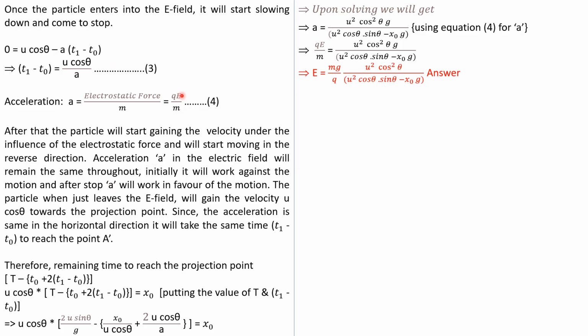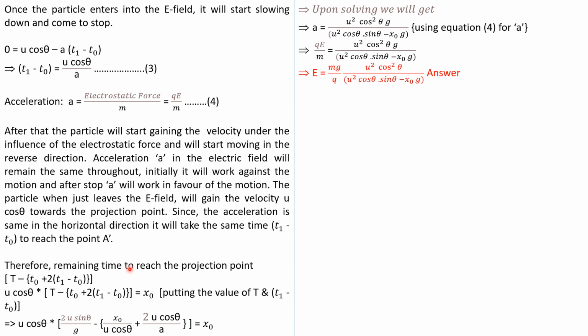Because the force is the same, acceleration will be the same, and the time elapsed will be the same to reach from B to A while coming back towards the projection point. Since the acceleration is the same in the horizontal direction, it will take the same time t1 minus t naught to reach the point A.